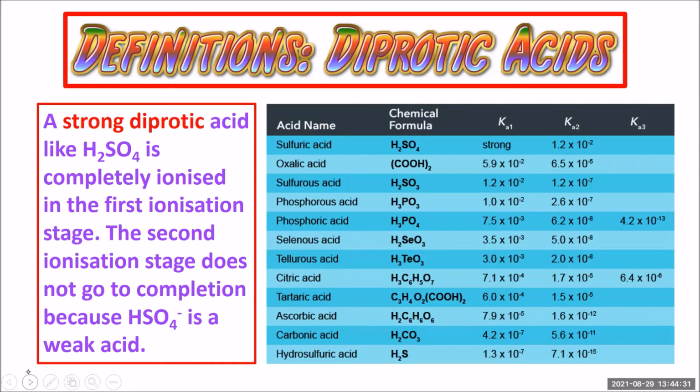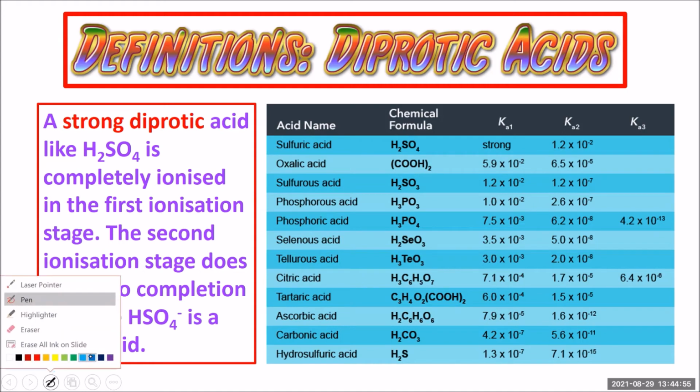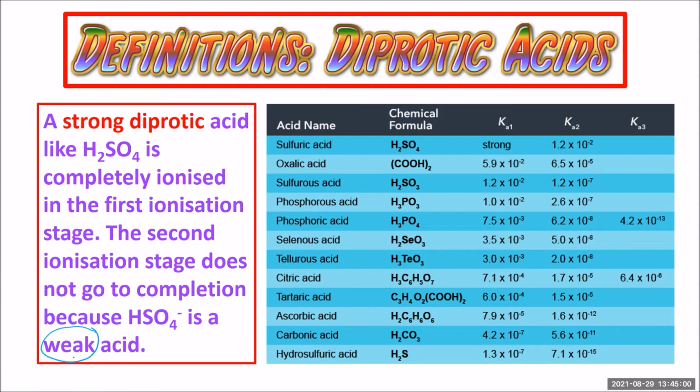Now, interestingly with diprotic acids, we alluded to this earlier, something like sulfuric acid might be a strong acid for its first ionization, but then the second stage doesn't go to completion. The second stage involves the ionization of the hydrogen sulfate ion, and that is a weak acid. So if we check in the table here, you'll remember we looked in strong and weak acids at the use of Ka values to determine the strength of an acid.